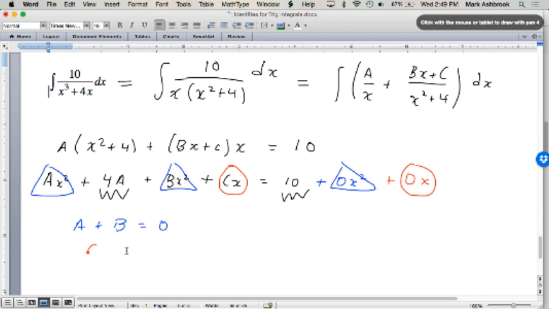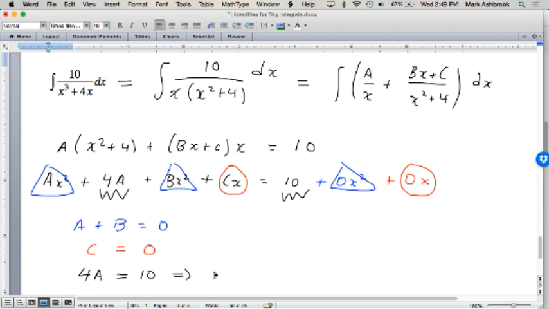C equals 0. That's helpful. And then 4a equals 10. Therefore, this is really easy. A is 2.5, 5 halves. B is negative 5 halves. C is 0.